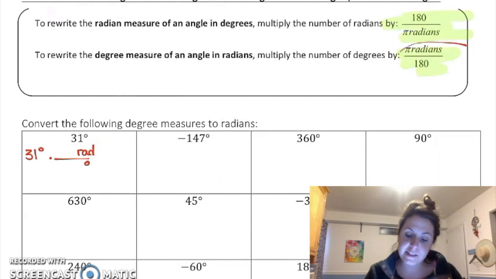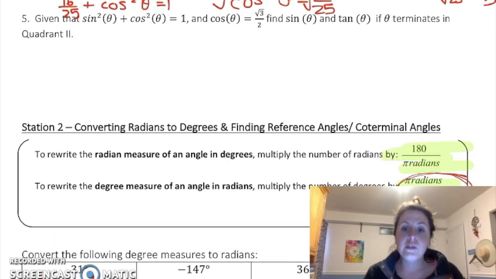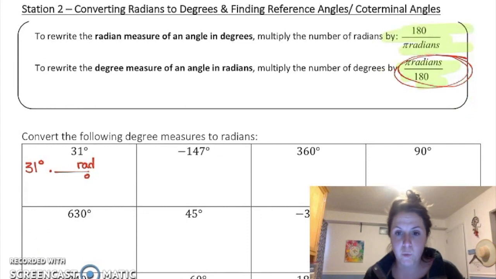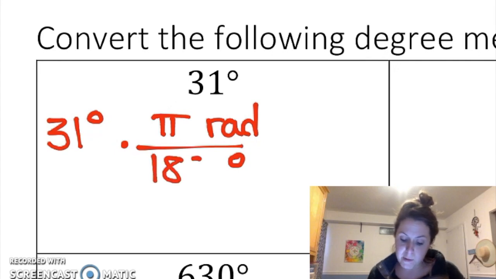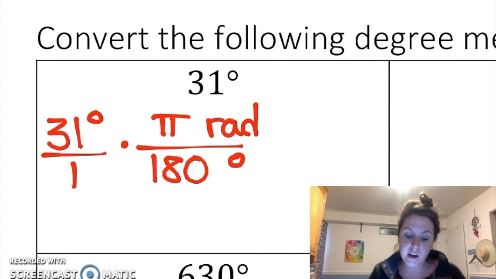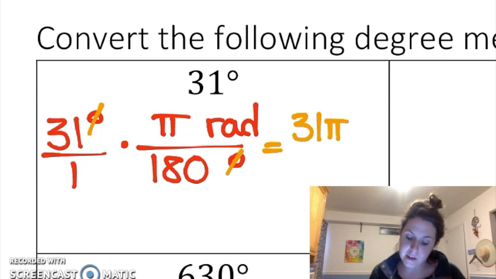If I want radians on the top, I'm going to need to use that one. So you don't need to memorize this is what I do when. You just need to think about what do I want to cancel. Pi radians will go on the top, 180 will go on the bottom, right? And so this is really 31 over 1. Here, your degrees cancel out, and so this is 31 pi over 180 radians.